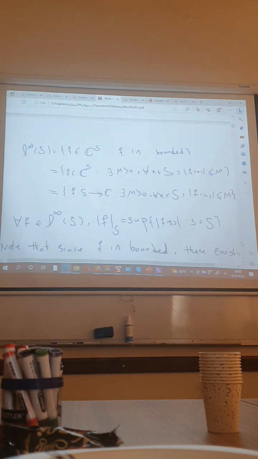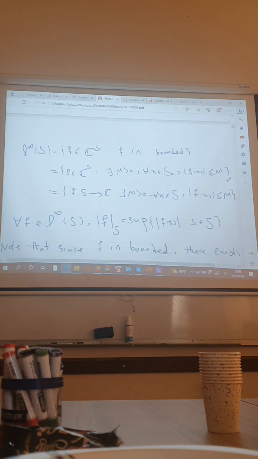And this is another example. L infinity of S equals the set of all f in C^S. What is C^S? The set of all functions from S to C, such that f is bounded, or the set of all functions f from S to C such that there exists an m such that for any x in S, the absolute value of f of x is less than or equal to m.